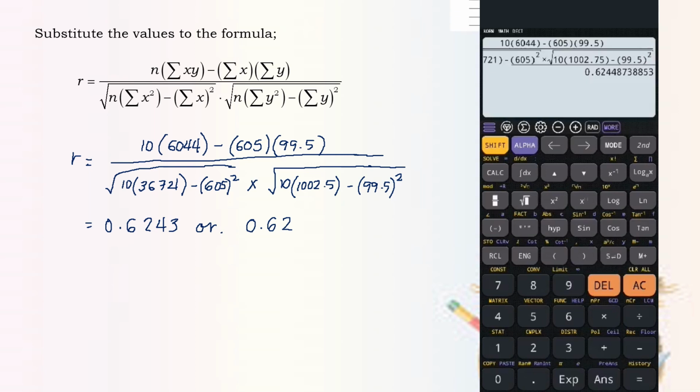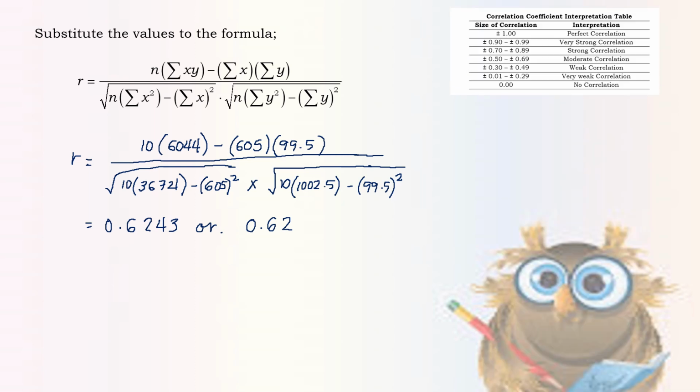Okay, looking at the table for correlation coefficient interpretation, here is the table from earlier. As you can see, 0.62 is right here. It is between 0.5 and 0.69. Therefore, our interpretation is moderate correlation.